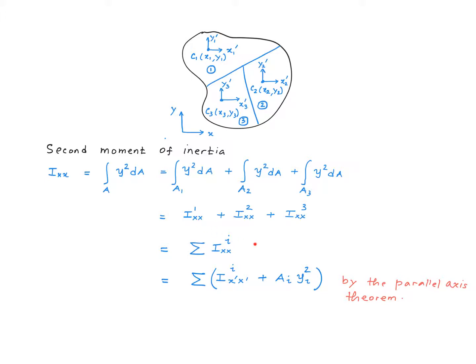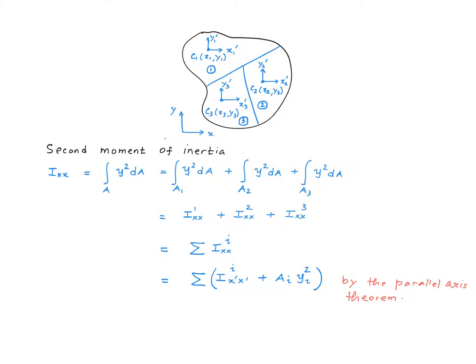Now, using the parallel axis theorem that we have derived in an earlier slide, Ixxi can be written like this. Ixxi equals Ix'x'i plus Ai times yi squared. Here, Ix'x'i is the second moment of inertia of the sub-area i with respect to the local x' axis. The x' axis passes through the centroid of the sub-area i.